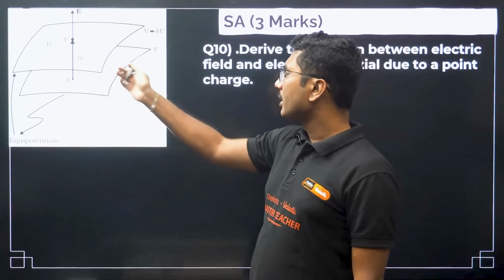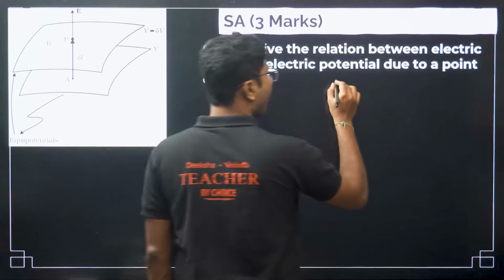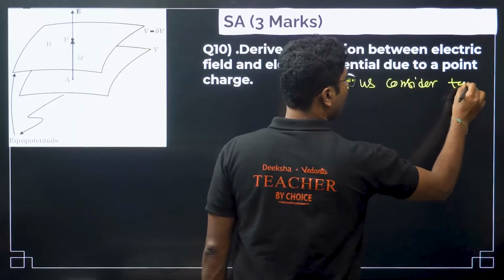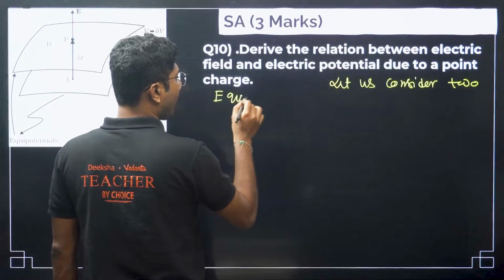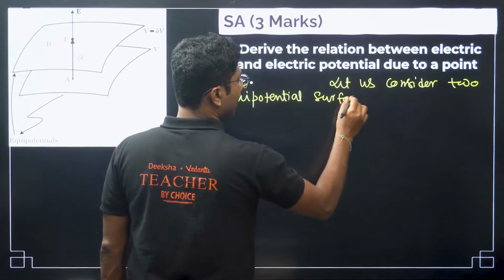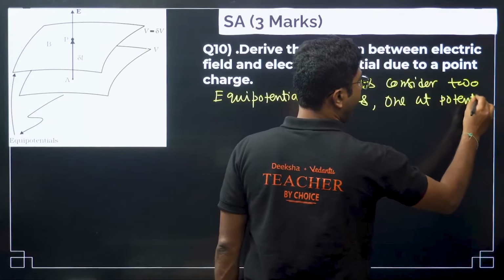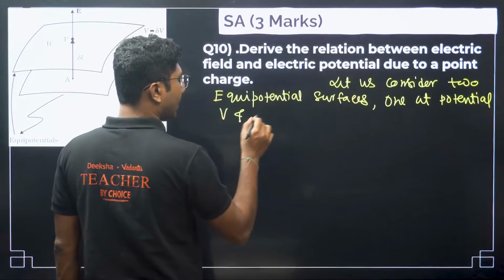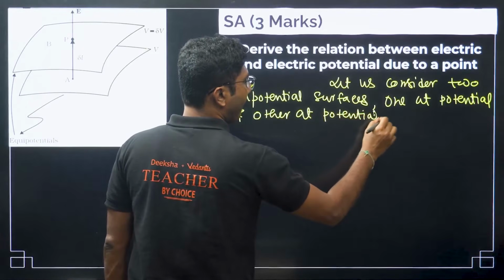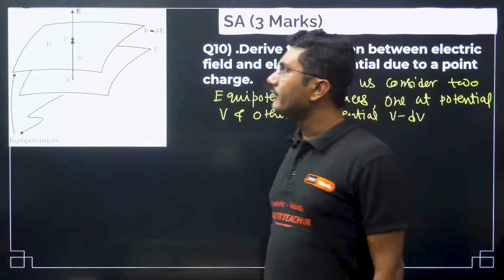Suppose let us consider two equipotential surfaces, one at potential V and the other at potential V minus dV. Okay, one is at V, the other one is at V minus dV.